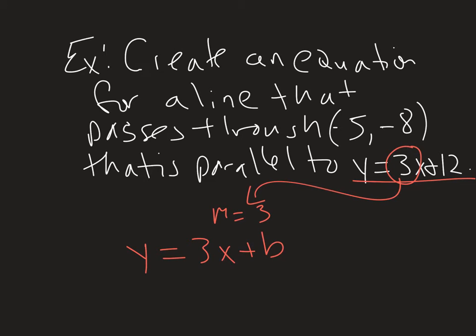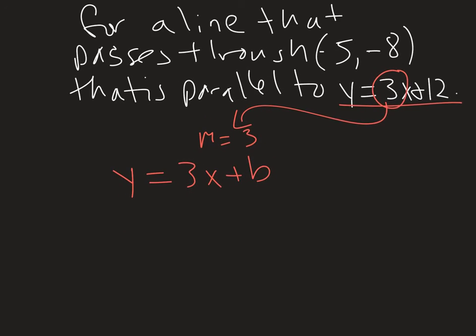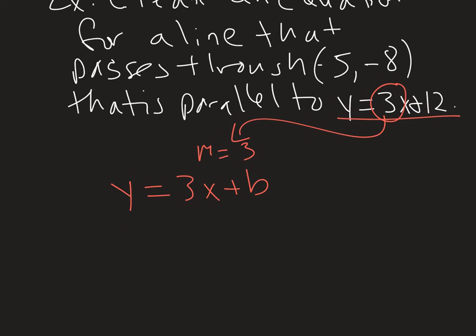Now me personally, I like using slope-intercept form to make my line, and I'll go through that method first, and then we'll talk about point-slope form. So I know that when I plug these points in, -5, -8, this equation has to be true. It has to work.